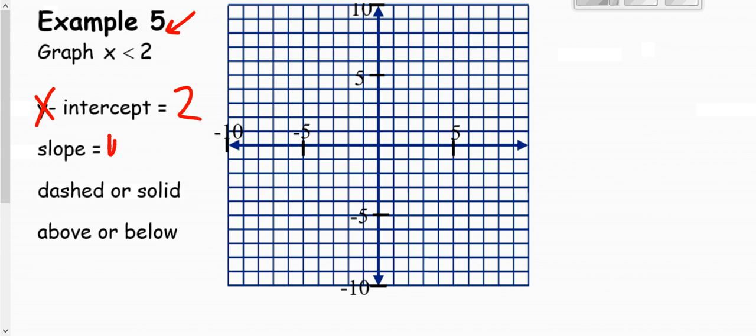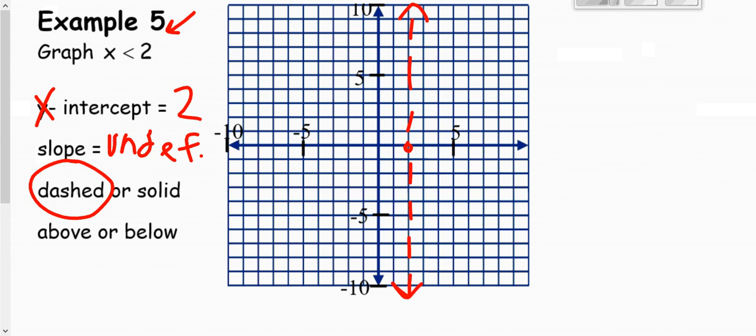This is undefined, which means that I'm going to have a vertical line. And is this line going to be dashed or solid? It is going to be dashed. So I'm going to go to where my x-intercept is 2, right here, and I'm just going to draw a vertical dashed line. Might be better if you have a ruler.